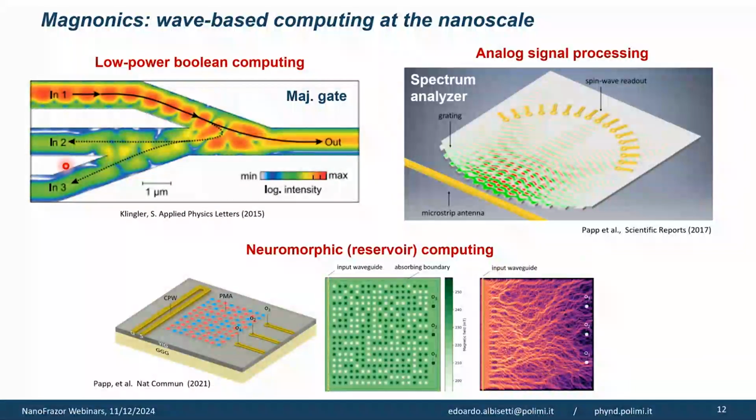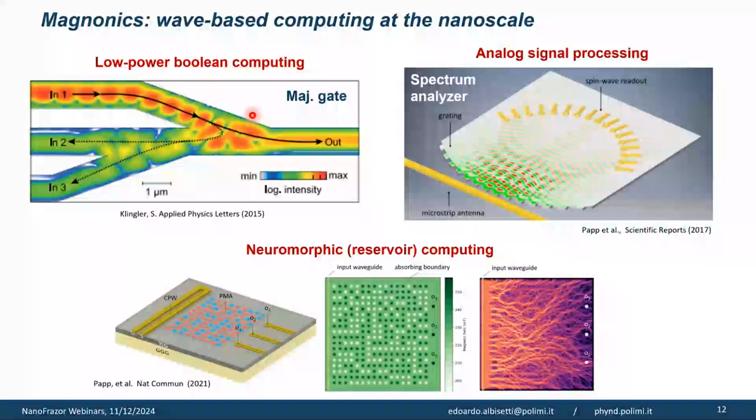If you have 2, you get 1, and if you have 3, you get 1 as well. So it's basically a way to do a majority gate using wave-based computing without needing cascades of transistors. In a certain sense, people demonstrated that it can be really energy efficient and also compact.